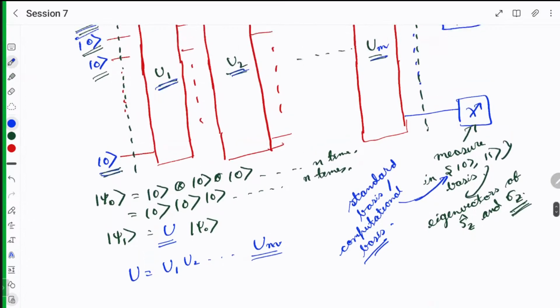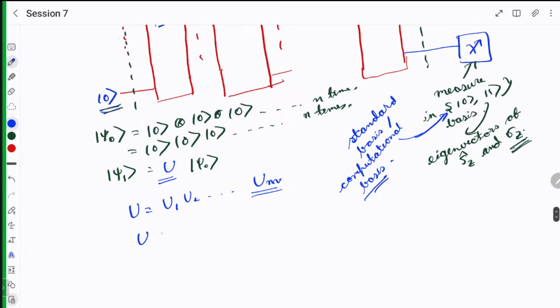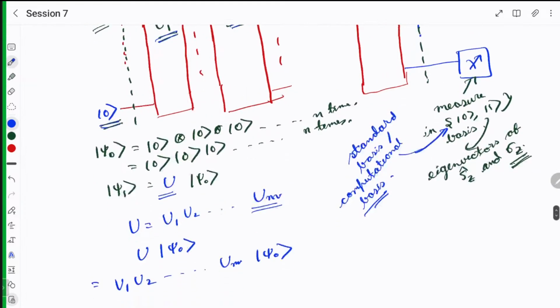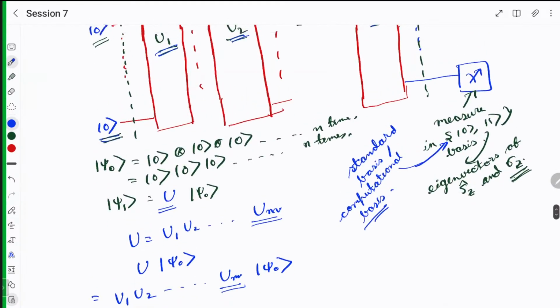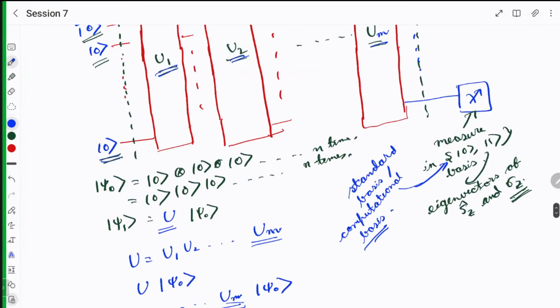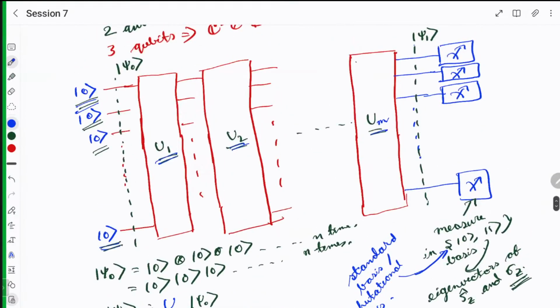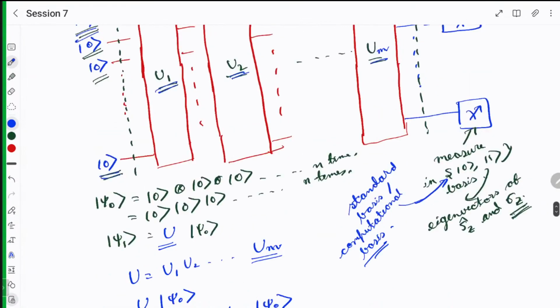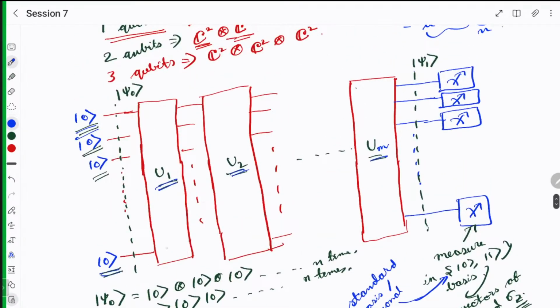But let's try to write U psi naught. This means it will be U1, U2, up to UN psi naught. Now you see, the operator on the right is the first to act on psi naught. But in this circuit, is UM the first one which is acting on psi naught?